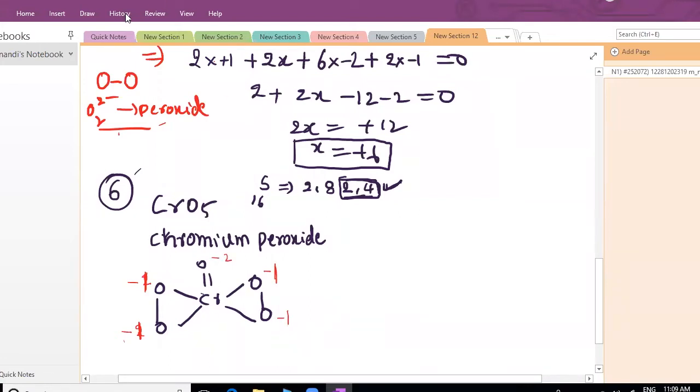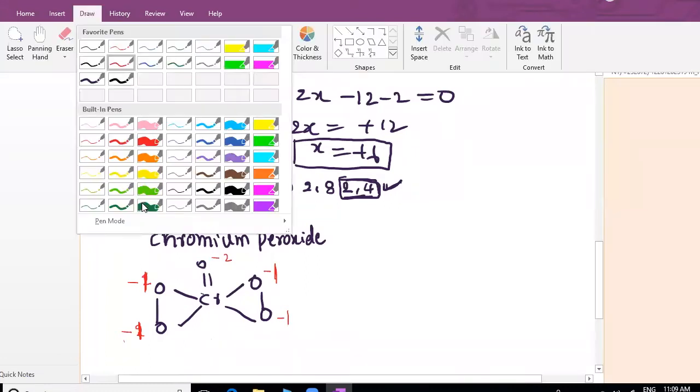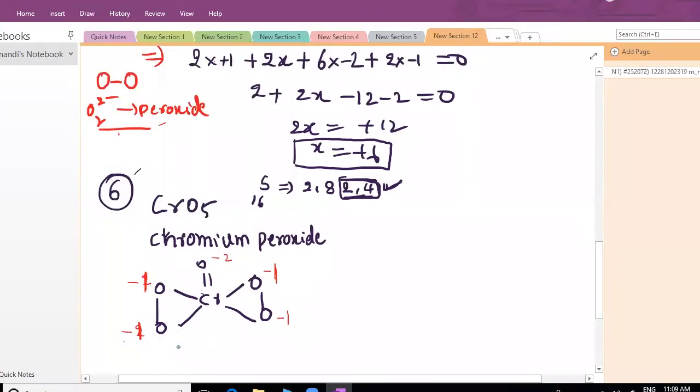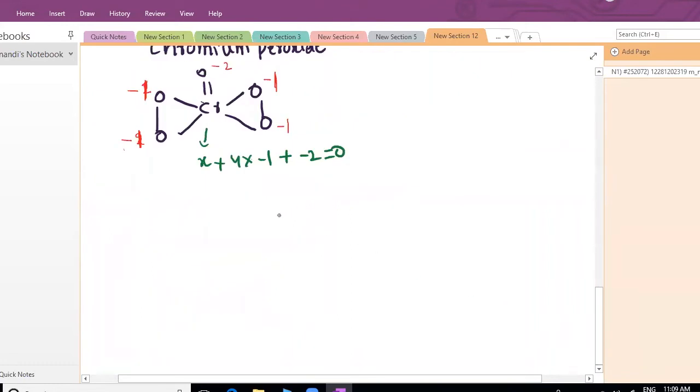Chromium, I don't know. I can assume x. Plus 4 oxygens are -1. Plus 1 oxygen is -2 equal to 0. Then can you do this one? x equal to plus 6.